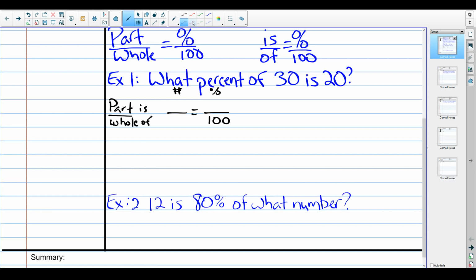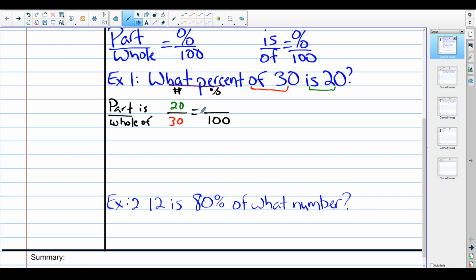So then we look at the way it's written. If I see of 30, I know that's talking about the whole thing. So the whole thing is 30. And then it says is 20, so is the part. That's going to go up top. It's a number, so it goes on the left side. The question says what percent?